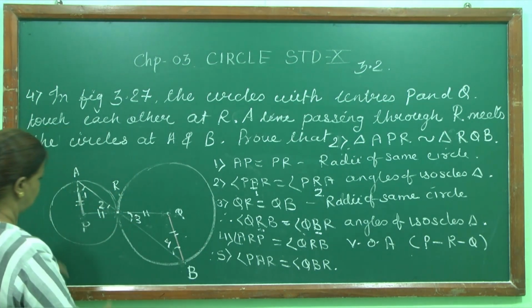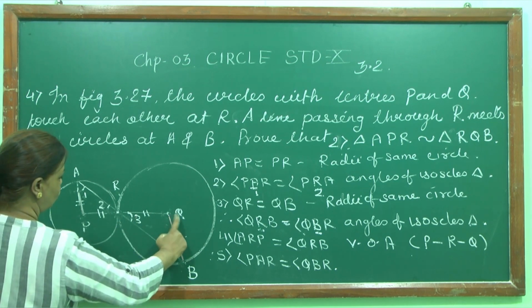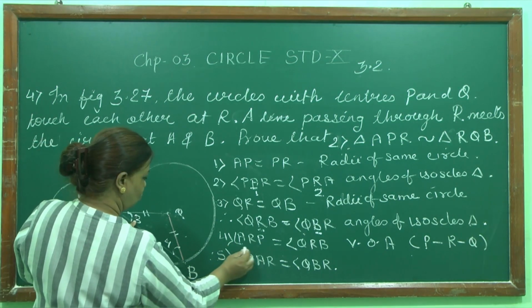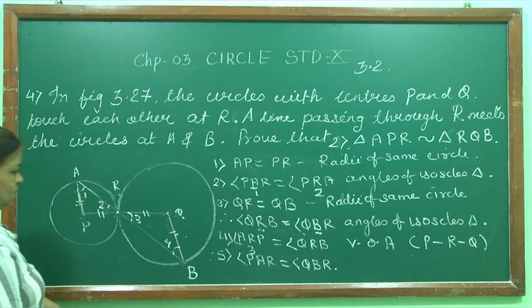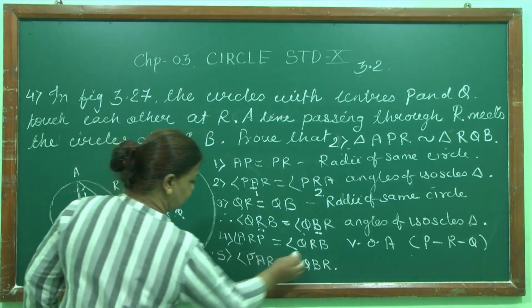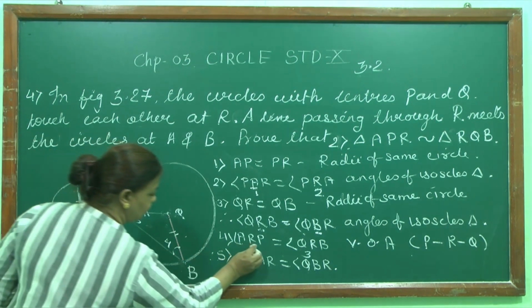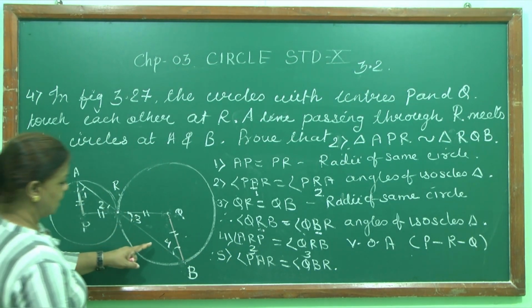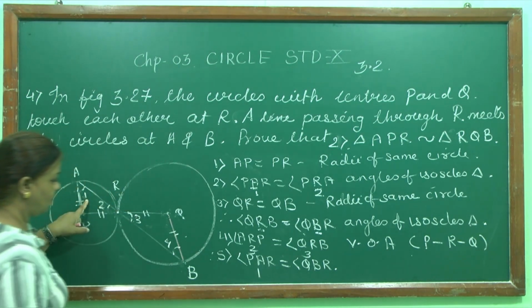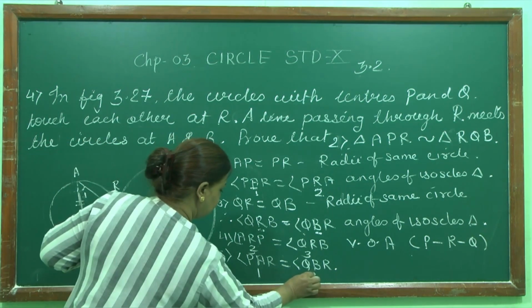ARP is equal to QRB. So QRB is the third angle, ARP is the second angle, PAR is 1, QBR is 4.